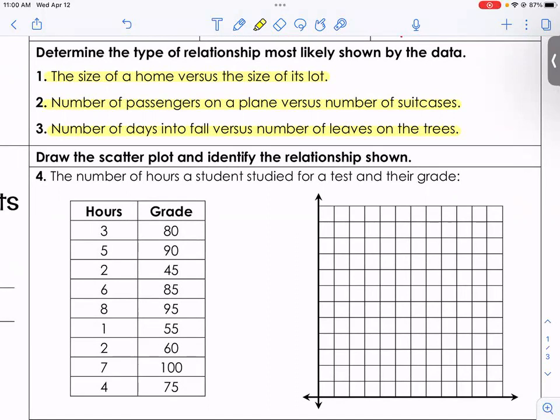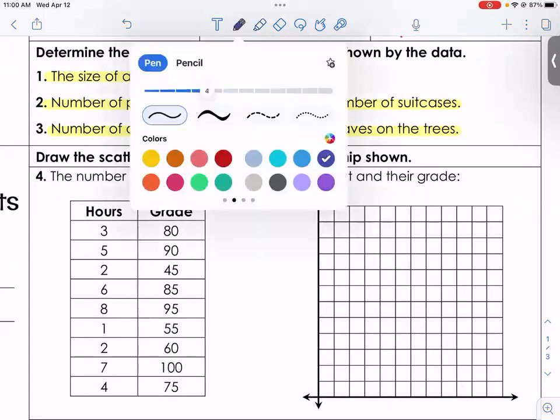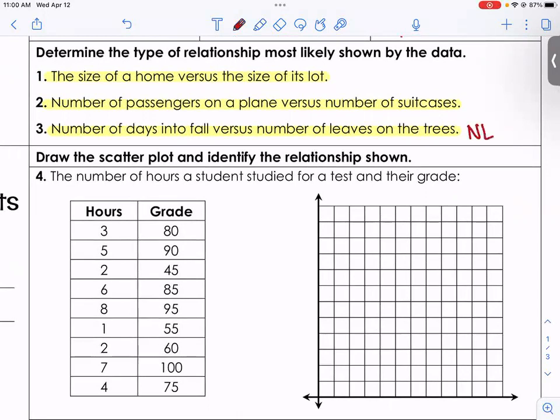So the more days we're into it, the fewer leaves we have on the tree. So what kind of correlation would that be? It would be a negative relationship because our leaves are falling.